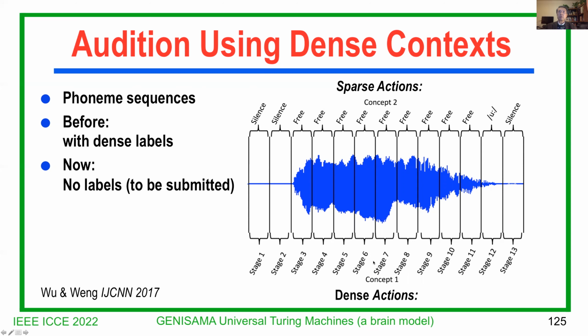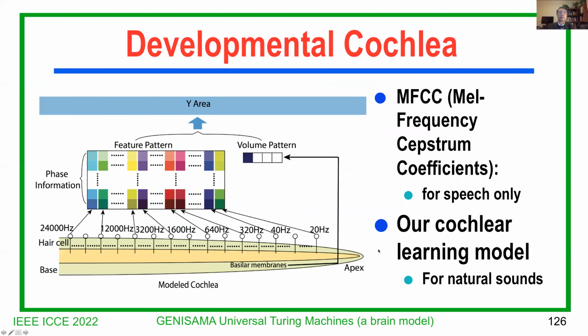You don't have to use k-means clustering as we did earlier. Each context has dense labels, and this is sparse when you have a type at the end.